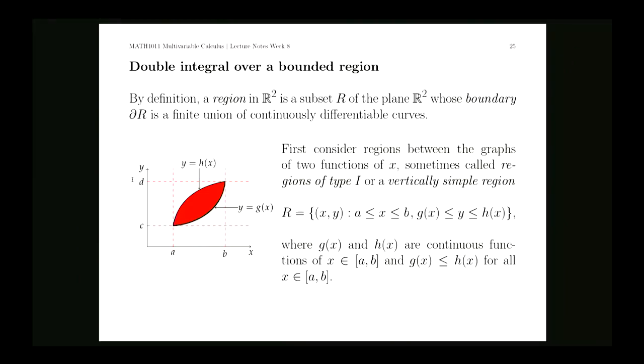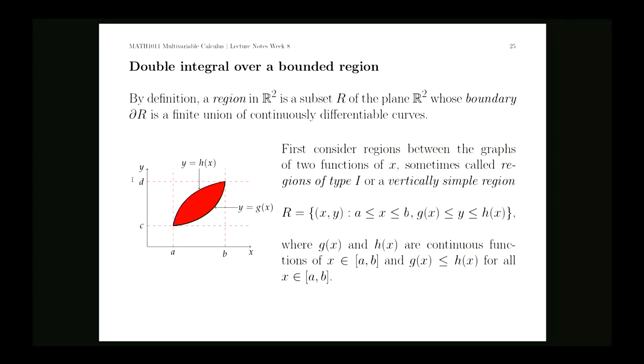As long as the region's closed, we can still find the volume of a surface that sits above the region, provided we can work out what the bounds are as functions. By definition, a region is one which is closed, so the boundary is included, so it's nice and well defined.